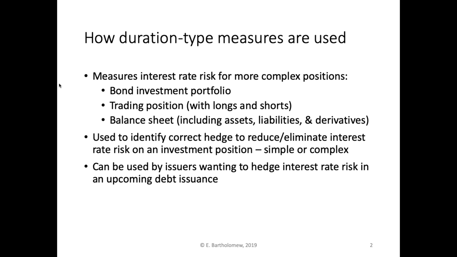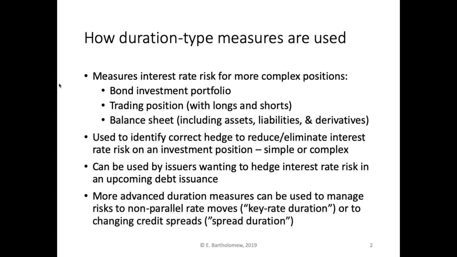They can also be used by issuers wanting to hedge interest rate risk in an upcoming debt issuance. And finally, there are more advanced duration measures that can be used to manage risks to non-parallel rate moves, something called key rate duration, or to changing credit spreads, something called spread duration. We will not be looking at these two measures in this tutorial.